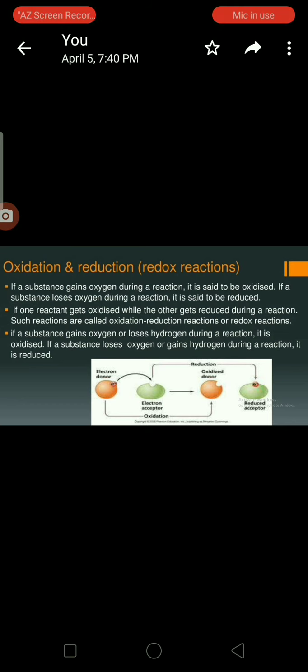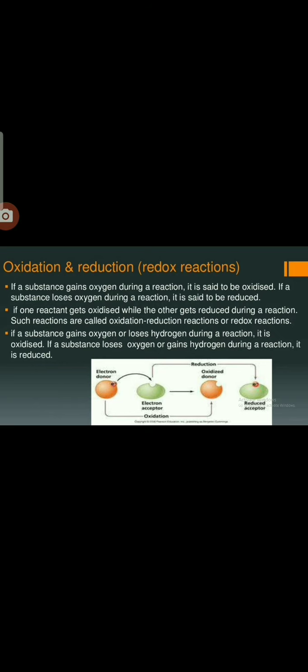But at the same time we have another definition for both. In terms of oxygen, oxidation is addition of oxygen and reduction is removal of oxygen. But we can also say it in terms of hydrogen, which is just the opposite of oxygen. In terms of hydrogen, removal of hydrogen is called oxidation. Understood? Just opposite.